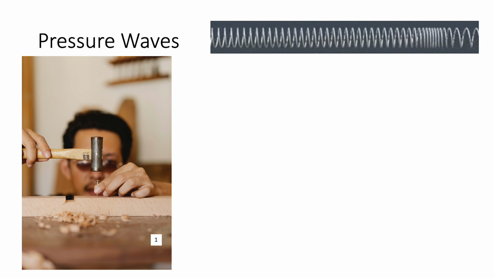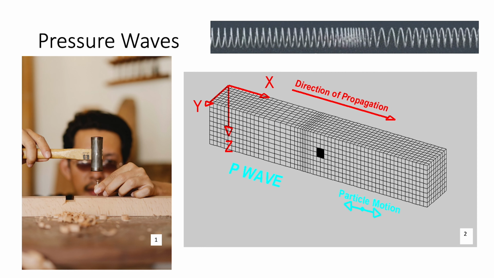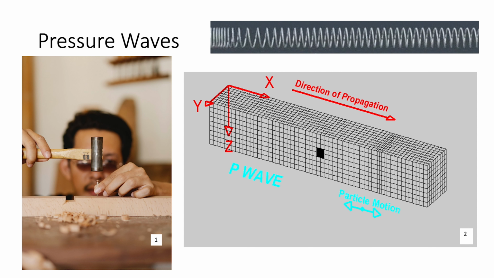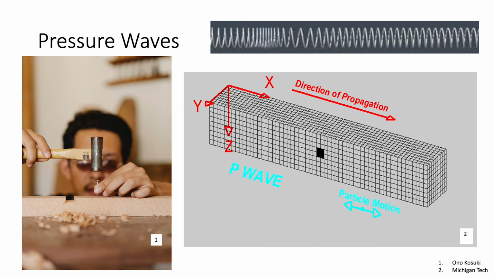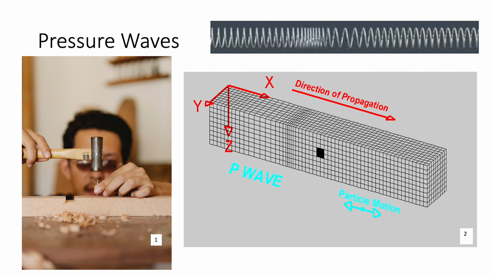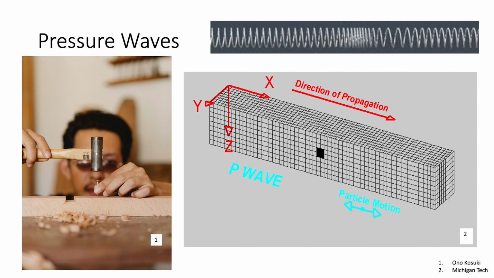A subset of the type of waves that you can describe are pressure waves. And these are the type of waves that happen when a hammer hits a nail. Sound waves are pressure waves. And they can go through solids, liquids, or gases. In the movie here, there's some impact hitting the left side.